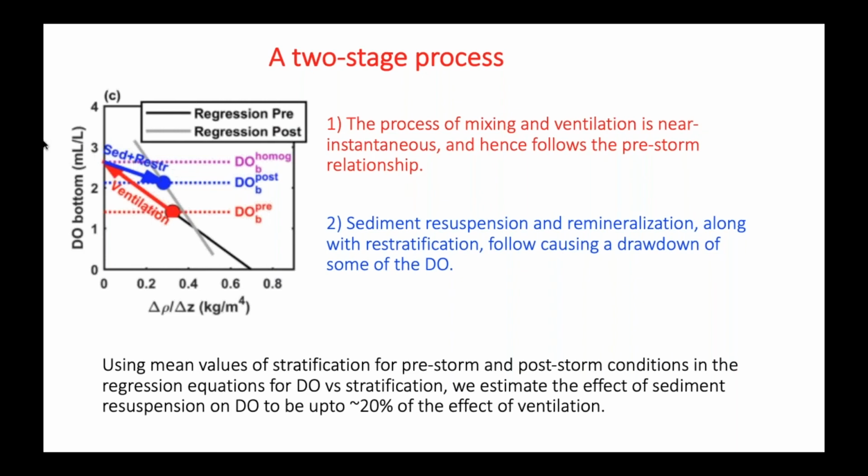And there's also some effect of restratification of the ocean. These two processes act together and reduce the DO in the water column. So what you finally see in the post-storm period is a combined effect of these two, and ultimately it depends on the relative strengths of these two processes.